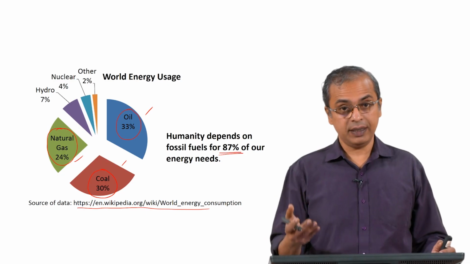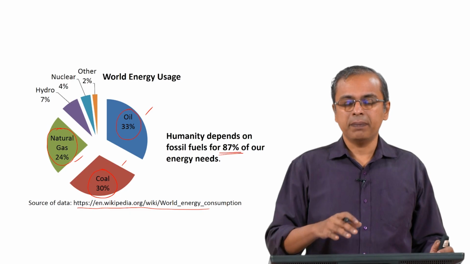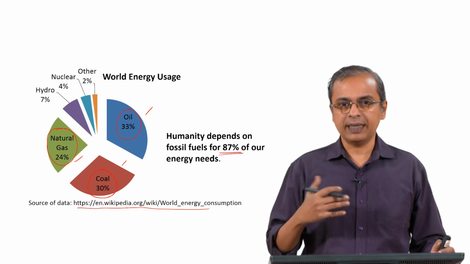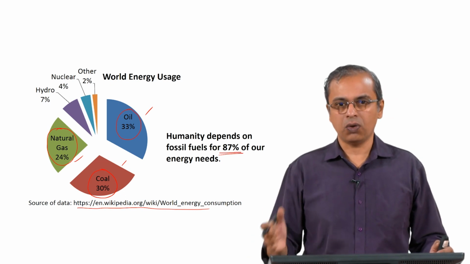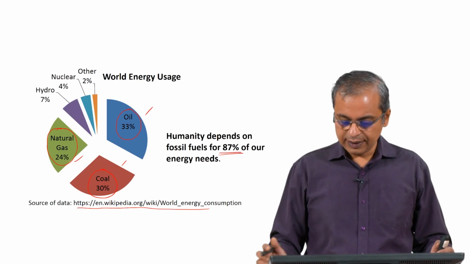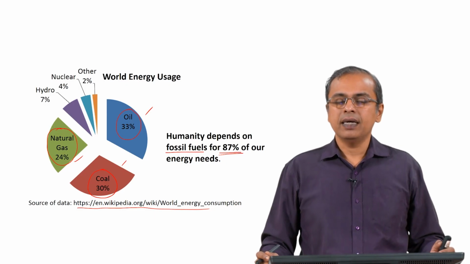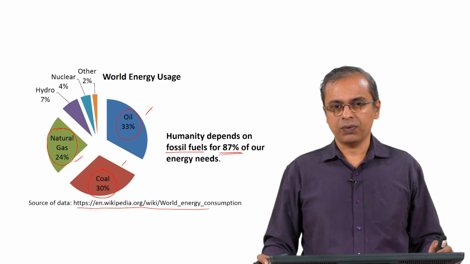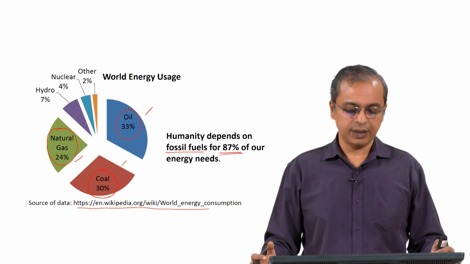In some cases you may see as low as 80 or 78, in some cases you may see higher, but generally you will find that 80 plus percent of the energy that we consume comes from these sources, which are oil, natural gas and coal. So, essentially it is fossil fuel of some nature, and that takes up a significant amount of the usage that we do.